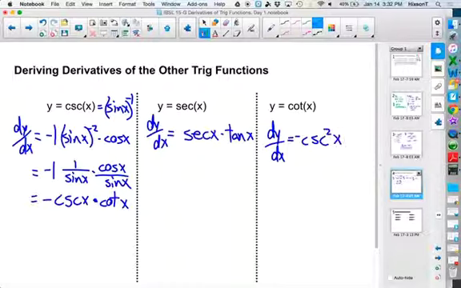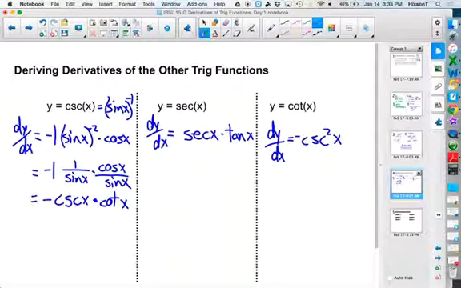All right, so there's a couple of things that actually make this kind of easy to remember. First of all, the trig functions that start with C have derivatives that are negative. Cosine's is negative sine. Cosecant's is negative cosecant cotangent. Negative, that's wrong.